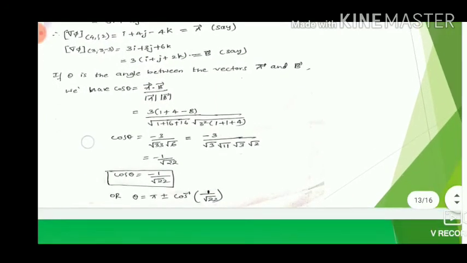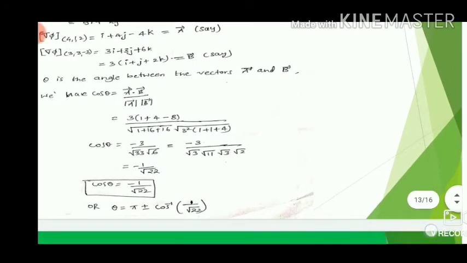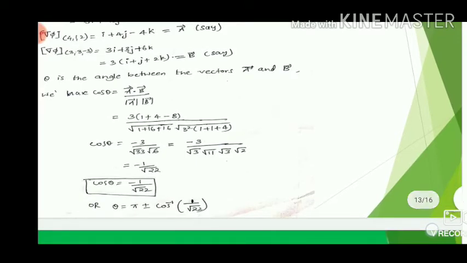Now if theta is the angle between the vectors a and b, we have cos theta equal to vector a dot vector b divided by the magnitude of a into the magnitude of b. Here a is i plus 4j minus 4k, and b is 3 into (i plus j plus 2k). Finding the dot product, we get 3 into (1 into 1 plus 4 into 1 minus 4 into 2), that is -8, wait, 8.